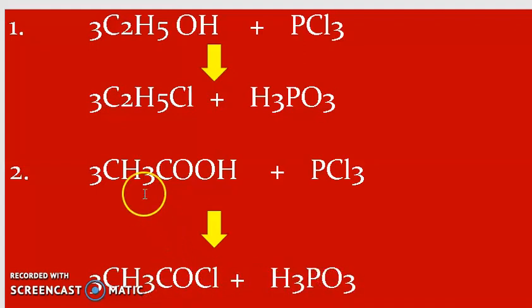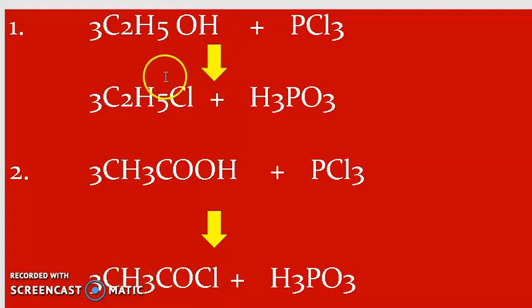The CH3CO reacts with the Cl of PCl3, and the remaining H, three molecules of H, with PO3 gives H3PO3. The three molecules of Cl react with CH3COOH, and we got acetyl chloride, CH3COCl.